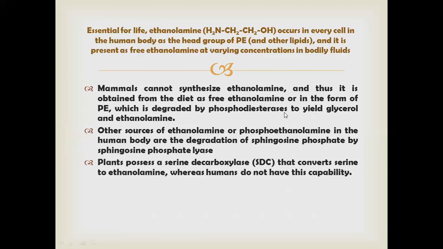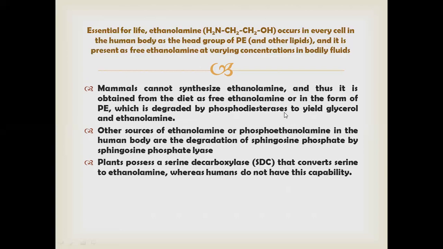Plants possess the serine decarboxylase enzyme that converts serine to ethanolamine, whereas humans cannot do this. So we can say that in humans you have to obtain it through the diet, whereas plants can synthesize it. How? They possess an enzyme known as serine decarboxylase.